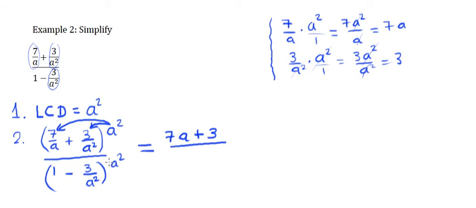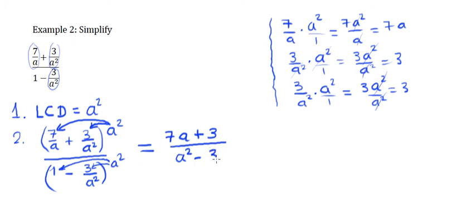Next, over here, a squared times 1 is just a squared, right? Minus a squared times 3 over a squared. Again, if you cannot do this computation in your head, just write it out somewhere. And you will see that clearly this is just 3a squared over 1 times a squared, and this is just 3.